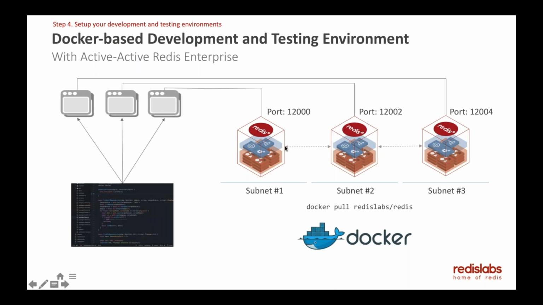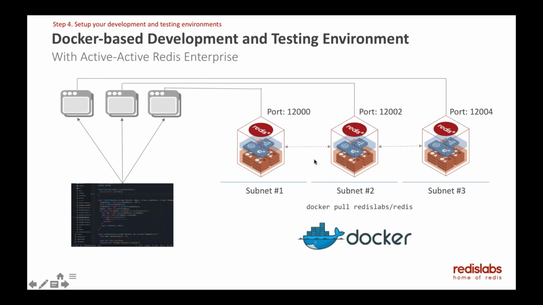So what is a global deployment here? The global deployment here is you have a Redis node in each location. Once again, we are simulating this. When I say each location, here we are creating a subnet. So each Redis node is deployed in a separate subnet, and they're exposed through different ports.